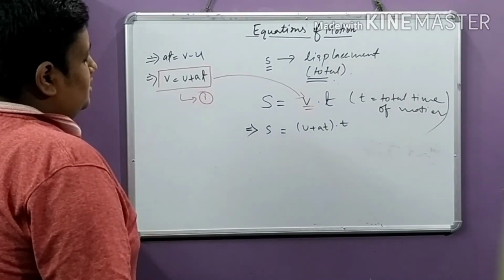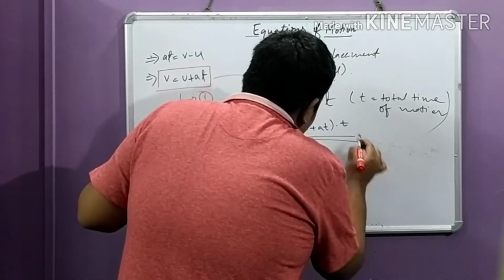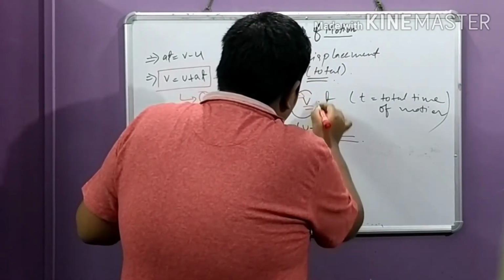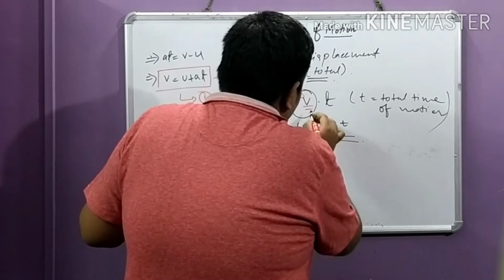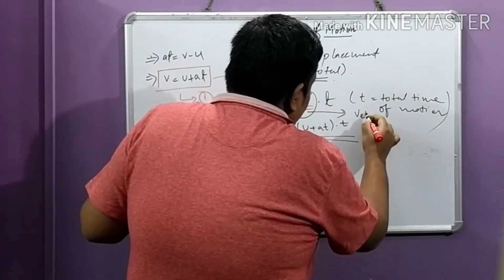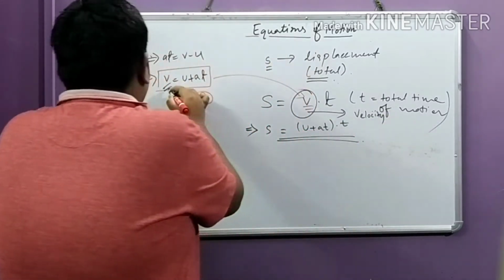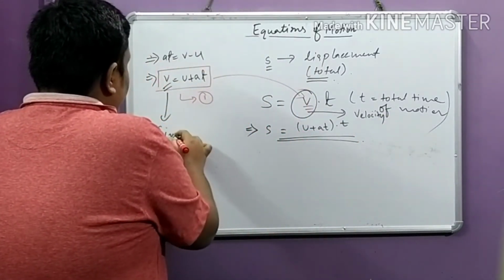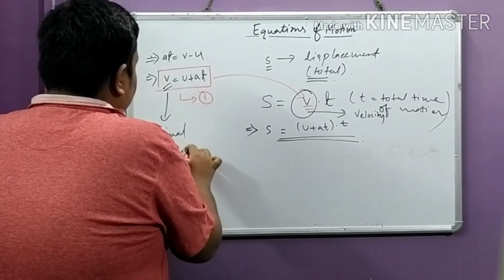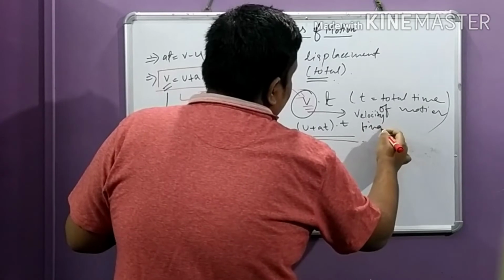Am I right? But here the mistake is that this v, what is this v? This is not actually the final velocity. Here v is the final velocity, but here this is not the final velocity.